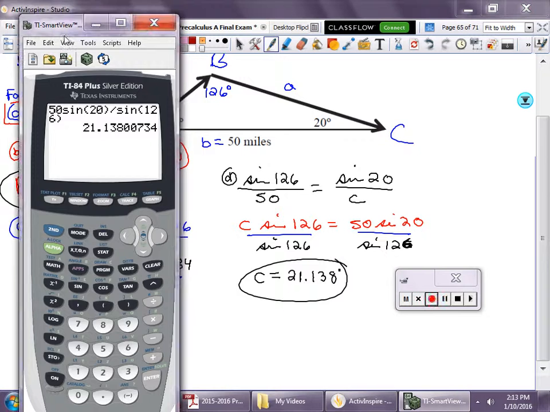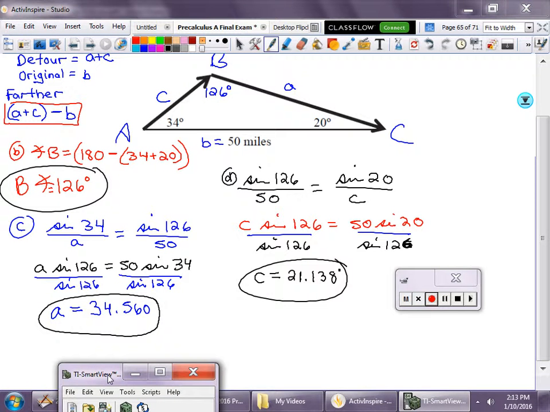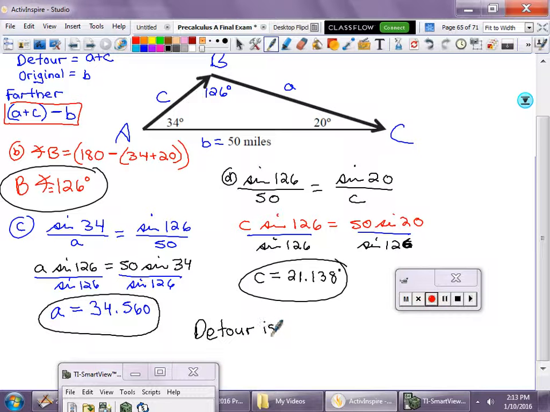So we've said our plan is to find out how long the detour is. So detour is, let's go ahead and put that plan in that we said, which is a plus c minus b.